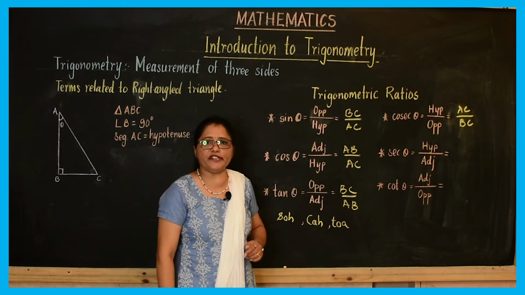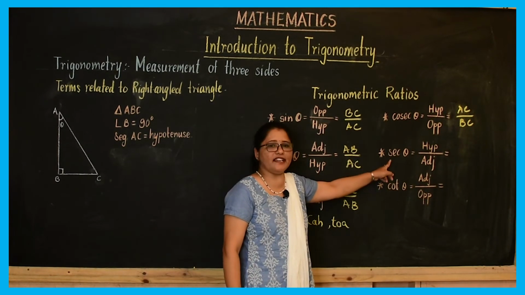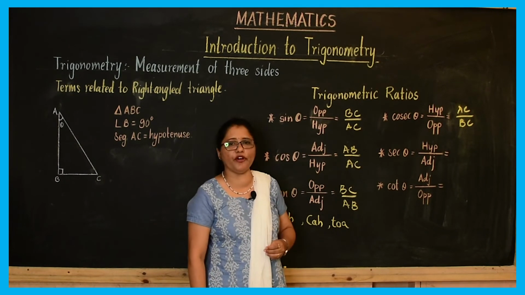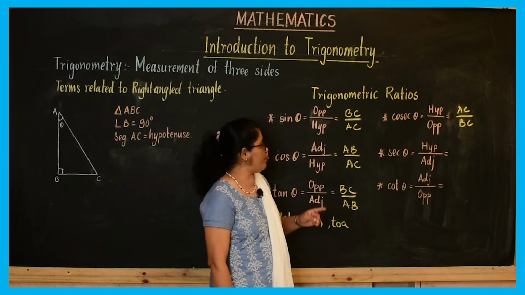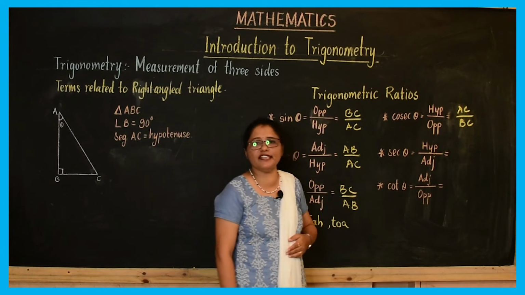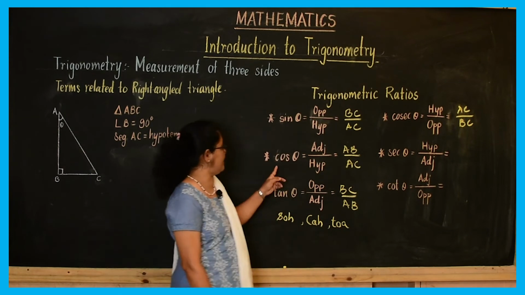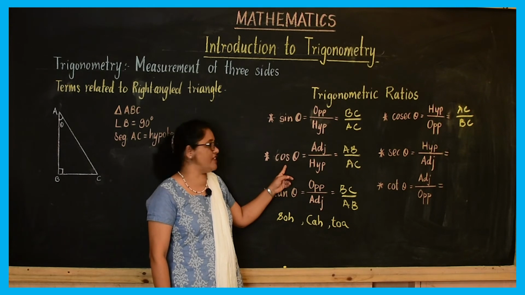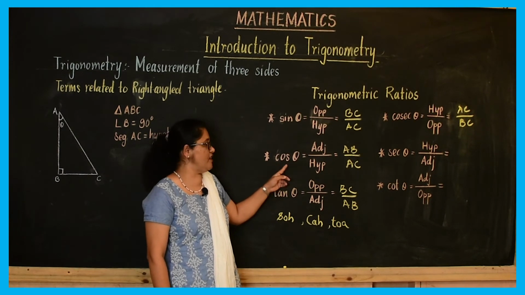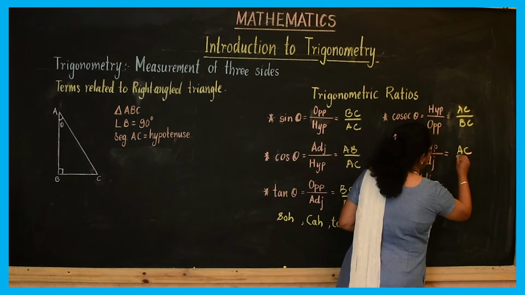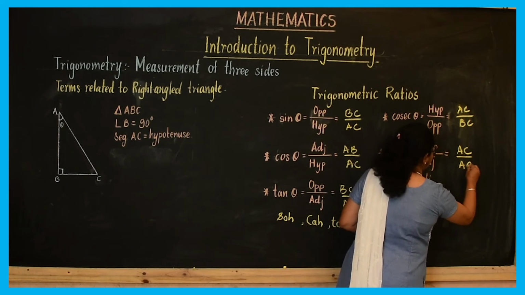The fifth trigonometric ratio, sec theta, is given by hypotenuse upon adjacent. Hypotenuse is AC and adjacent is AB. Sec theta is just the inverse of cos theta, so it is written as AC upon AB.